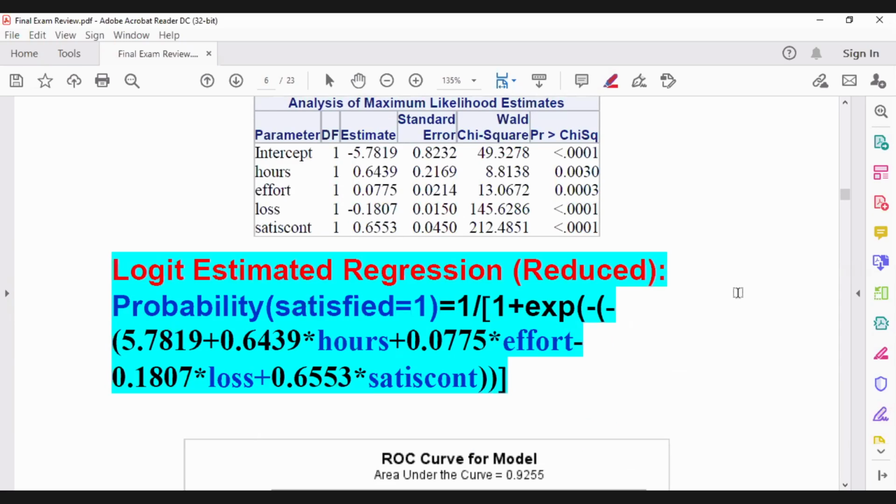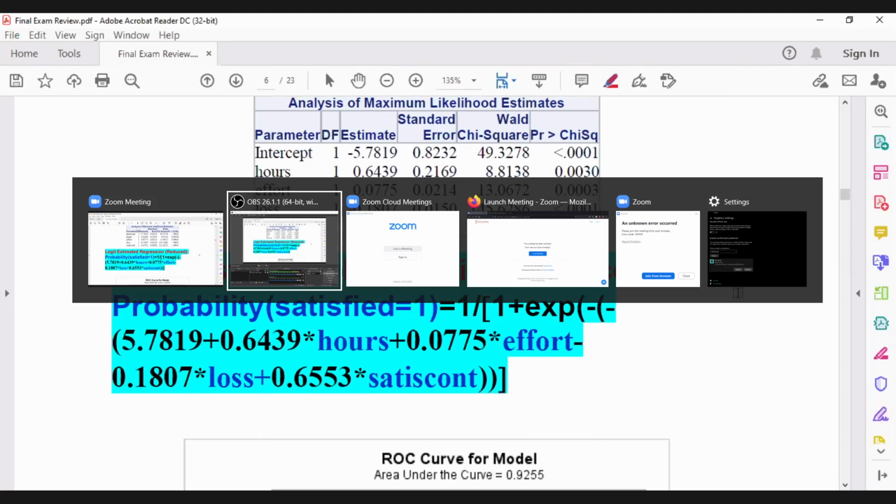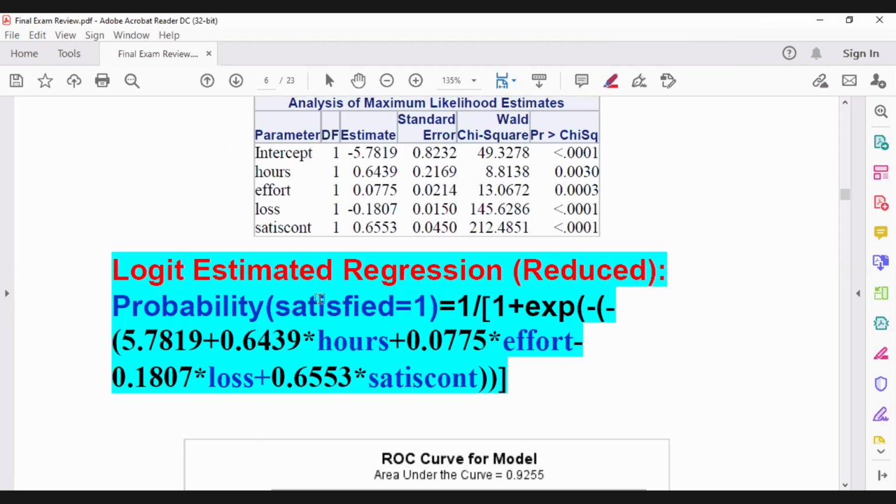So the final exam will ask you to write down the estimated logistic regression from the reduced model, for example. You need to write probability of satisfied, where satisfied is y.